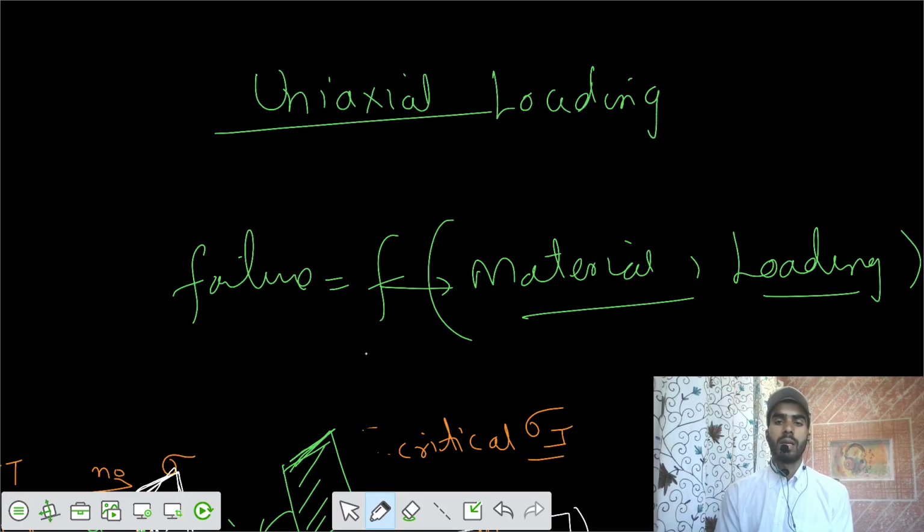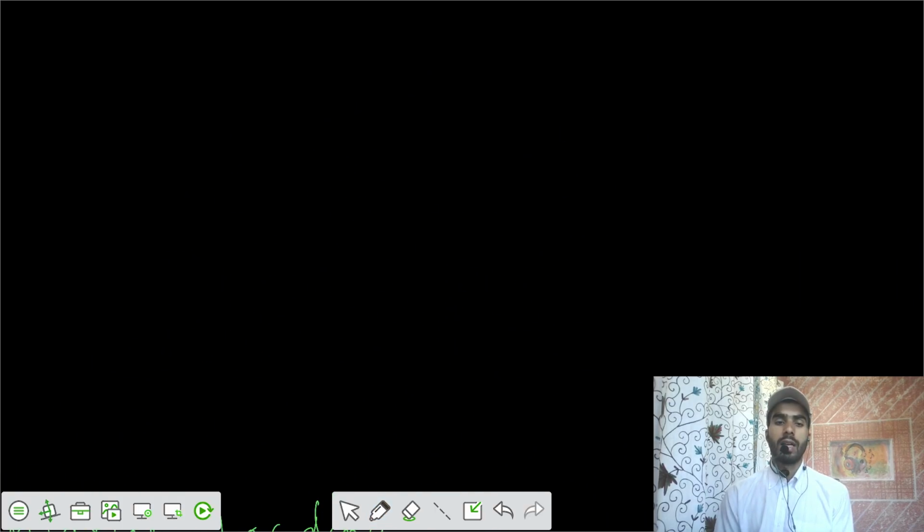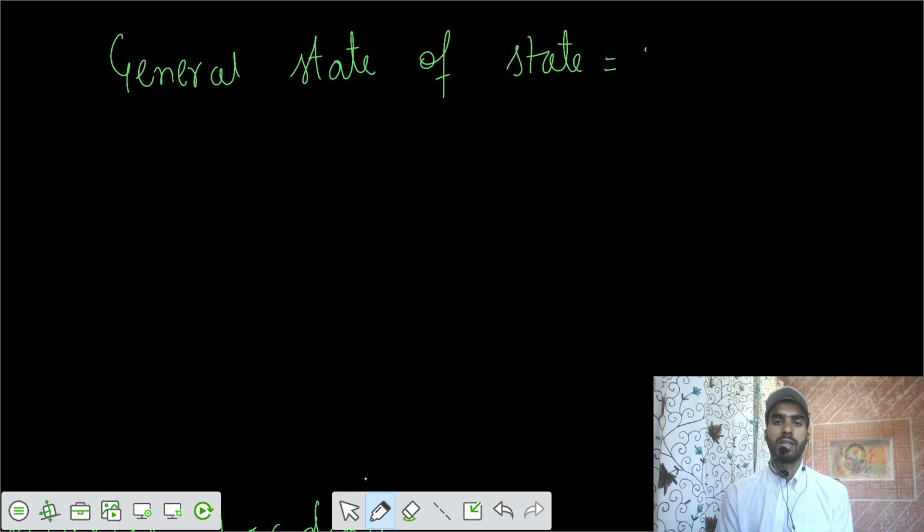But in real practice, we don't have only one axial loading. The loading can be a general state of stress, that is, multi-axial loading.